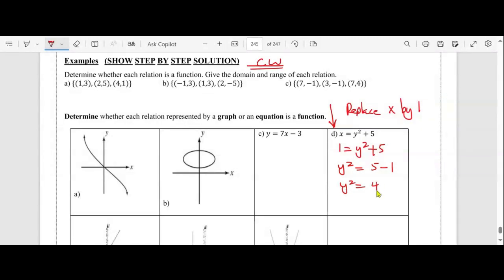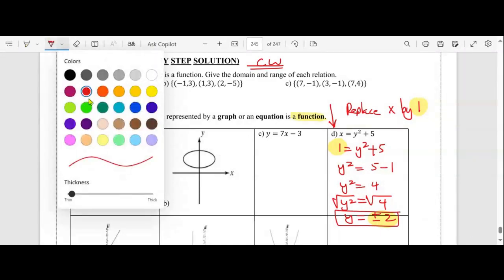So y squared equals what? 4. Now you have to take the square root of both sides, correct? Yes. So your answer will be y equals plus or minus 2. That's not a function. Why? Because I started with what value for x? 1. And I end up with how many values for y? 2. Therefore, this is not a function.